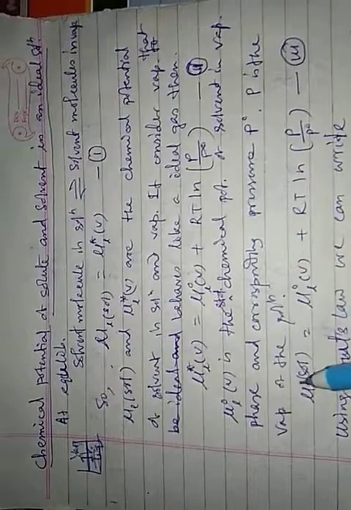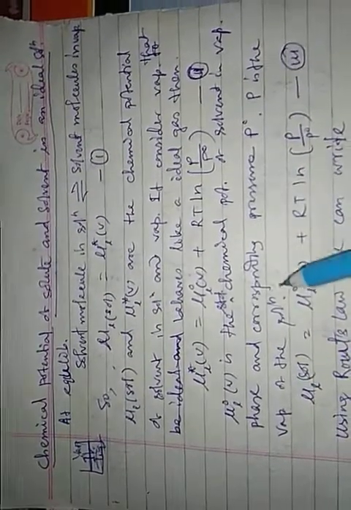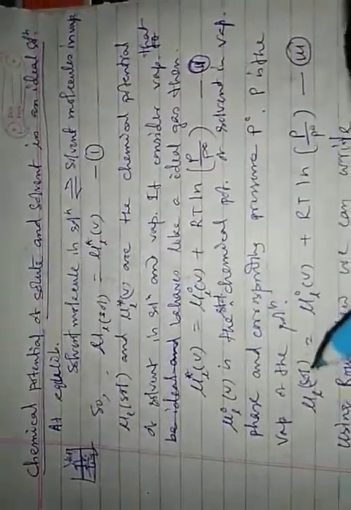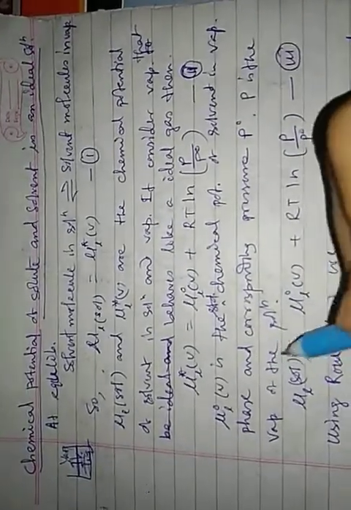Now P is the pressure of the vapor of the solution. That is, P is the pressure of the vapor generated from the vaporization of solvent molecules from the solution. So mu L in solution, that is the chemical potential of the solvent in the solution, will be equal to mu naught L vapor phase plus RT ln P by P0.